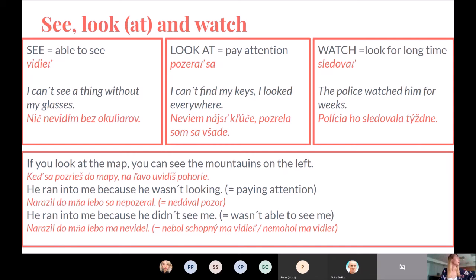Okay, he was looking that way and he was not looking this way, so he wasn't looking. But if he didn't see me, he was unable to see me. Please, if you have any questions related to these verbs, now it's time to ask.